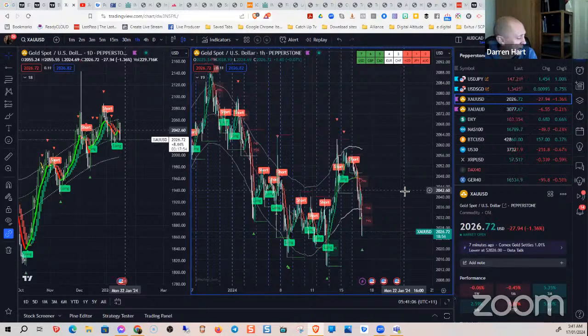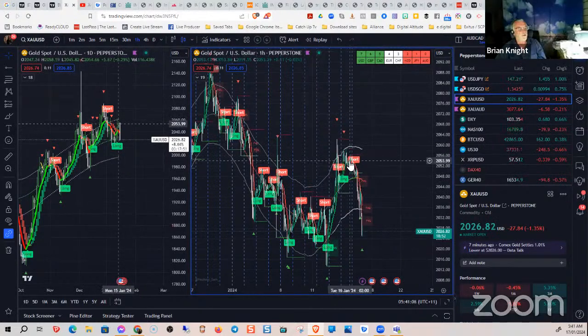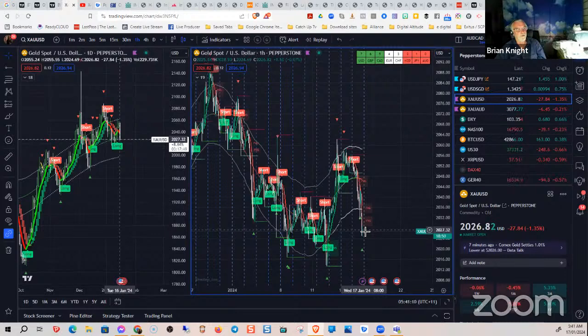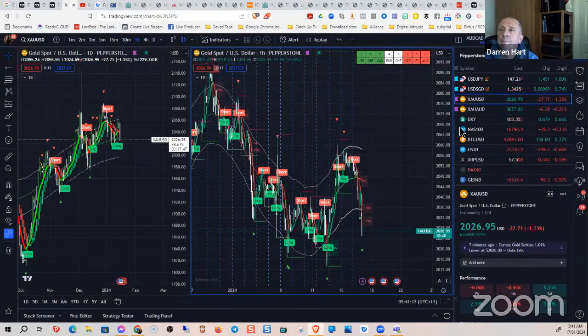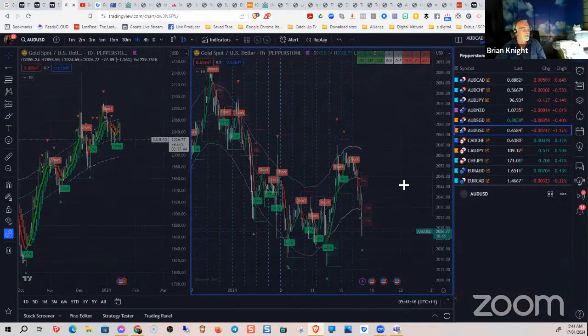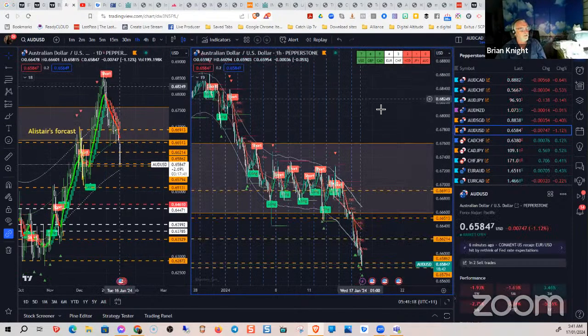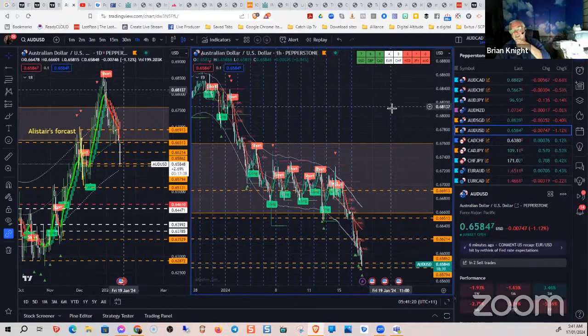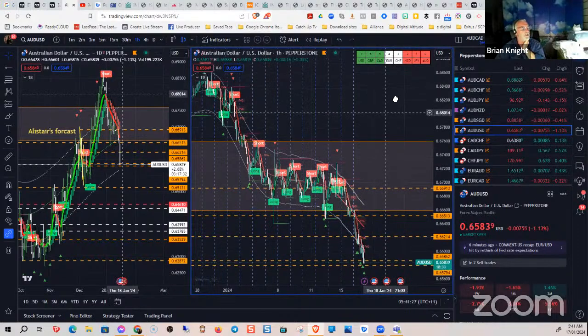How or why, I don't know, but if you look at gold, it's dropped off nicely too. So that just tells me the US dollar is strong. Look, UJ just jumped a whole heap as well. Anyway, we'll have a look at those as we get a bit further down.